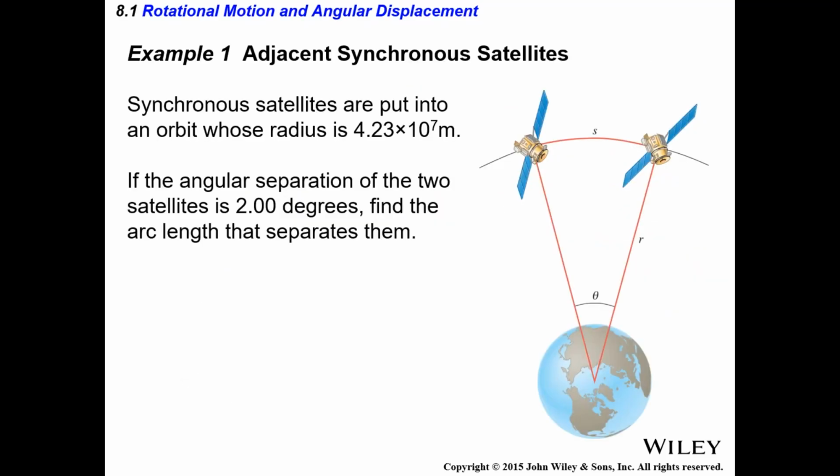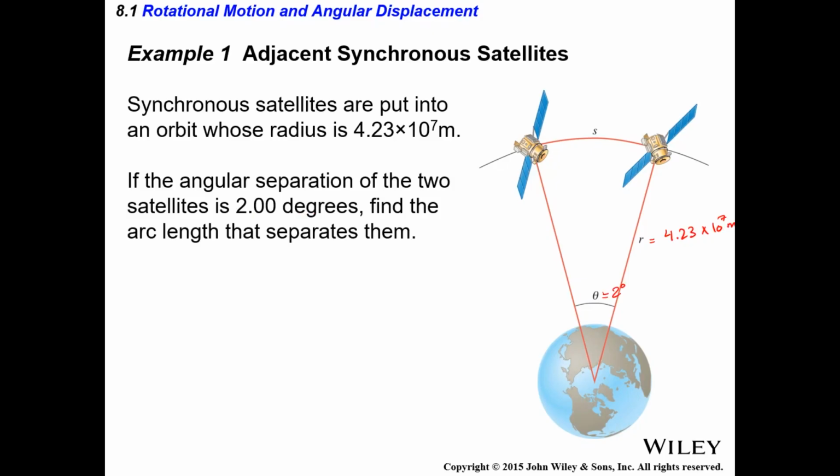So let's check an example. Synchronous satellites are put into an orbit whose radius is 4.23 times 10 power 7. If the angular separation of the two satellites is 2 degrees, find the arc length that separates them. So we're given the orbit radius, 4.23 times 10 power 7 meters, and the angular separation between the two satellites is 2 degrees.